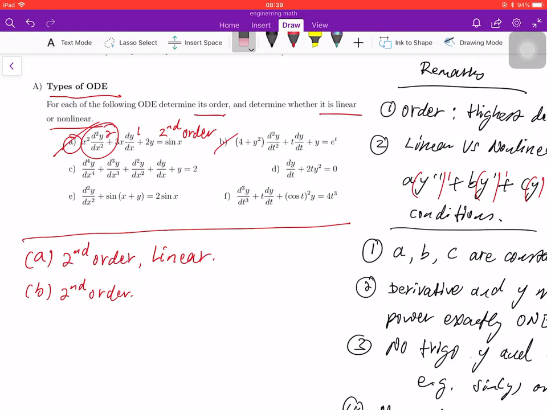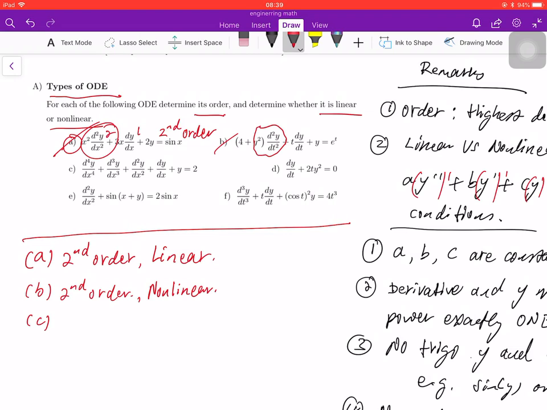Now, is this linear or non-linear? We see we have a product of y squared times d squared y/dt squared. So this is a product between the unknown function and the derivative, so it is non-linear.